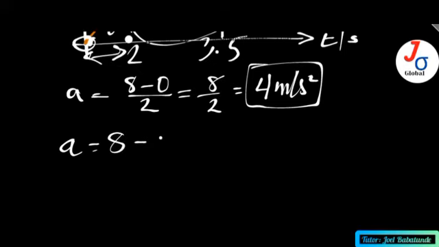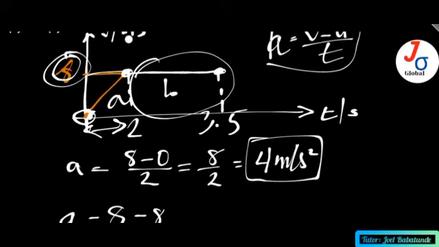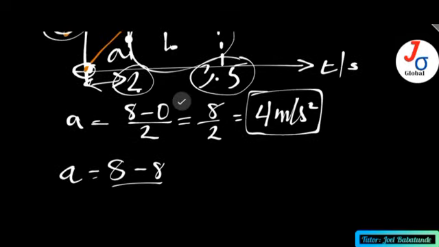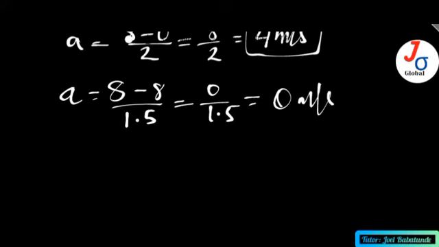So 8 minus 8 divided by the time it took. 3.5 minus 2 gives us 1.5. So 8 minus 8 is 0, divided by 1.5, and 0 divided by 1.5 is 0 meters per second squared. So it has no acceleration.